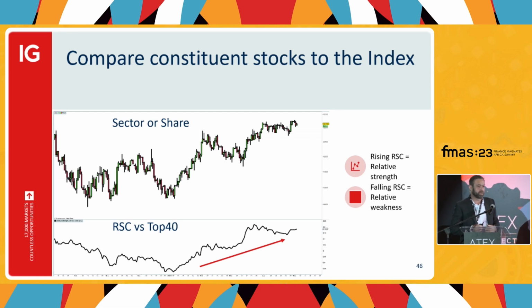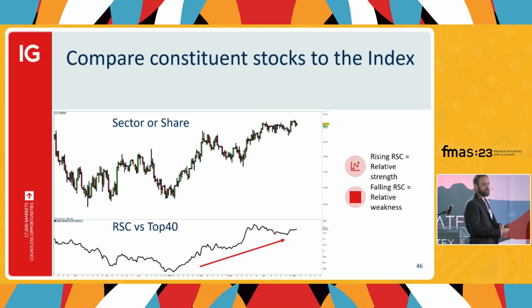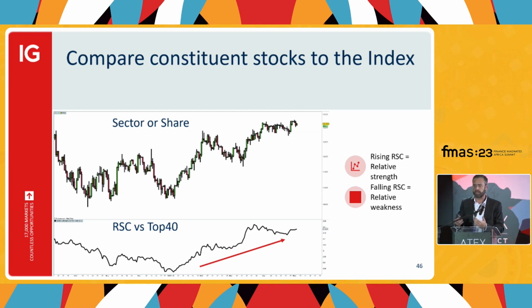So we know the South Africa 40 Index is in an uptrend now, but what is outperforming? What is hot right now? What is the hot sector? What is the hot stock? So we add the indicator, and when we see it's rising, let's say the share was Goldfields, we know that Goldfields is outperforming the South Africa 40 Index, or the JSE Top 40 Index.